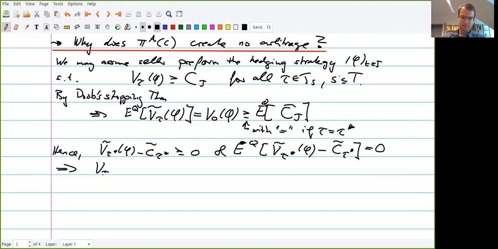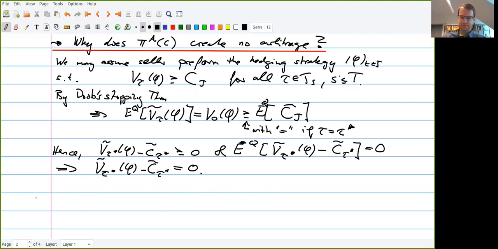That's easy. This is a random variable which is Q almost surely 0. And since we have an equivalent measure, this is also P almost surely 0.